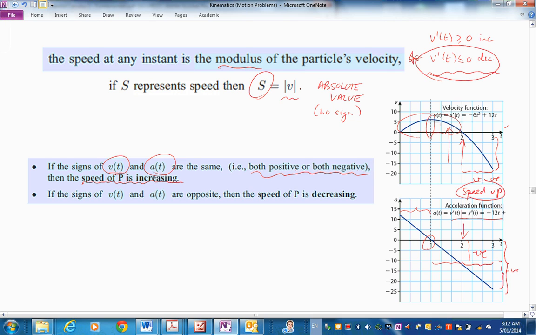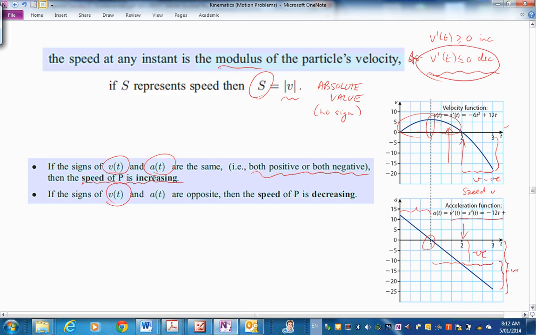It's getting more and more negative, which on a number line, mathematically, when direction is taken into account, is a decreasing value. v'(t) is less than 0. But it is actually getting more and more negative, and that means its speed, the size of the value at which it's travelling, not its sign, is actually speeding up.